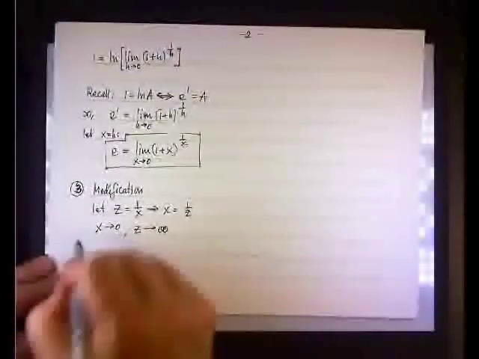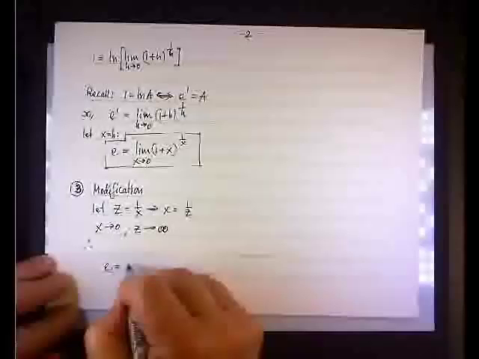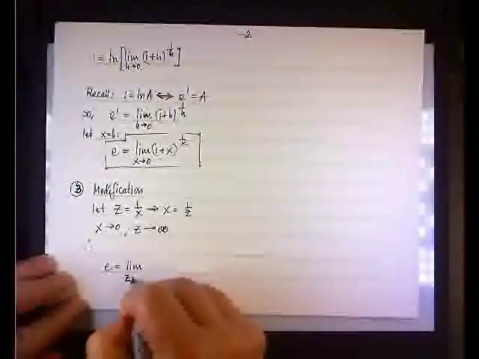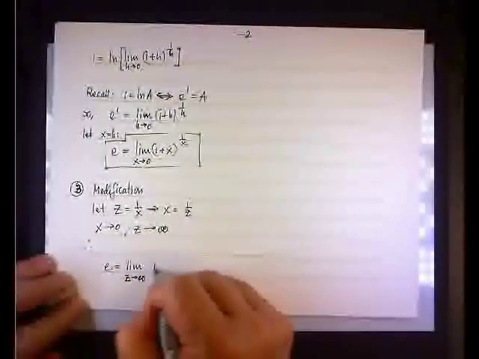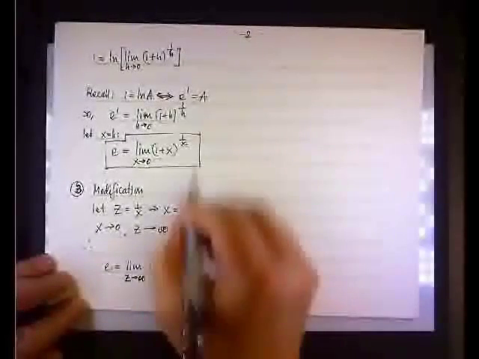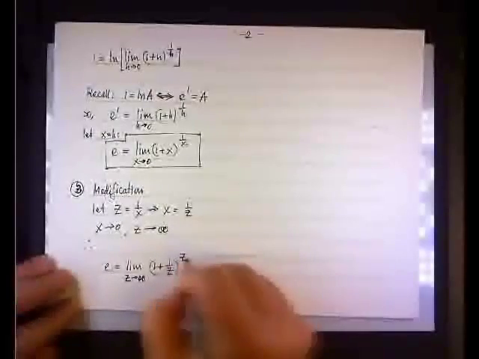Okay? So now we have the following definition. We'll do the adjustment. Instead of the limit as x approaches 0, we let z approach infinity. And instead of 1 plus x, we'll have 1 plus 1 over z. And instead of 1 over x here, we'll have z as the exponent.